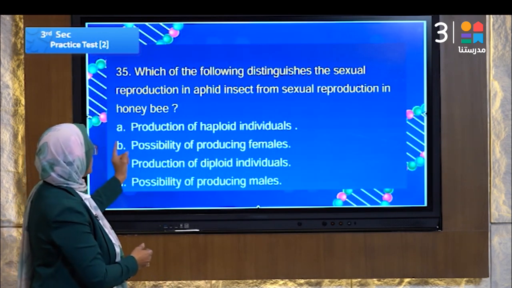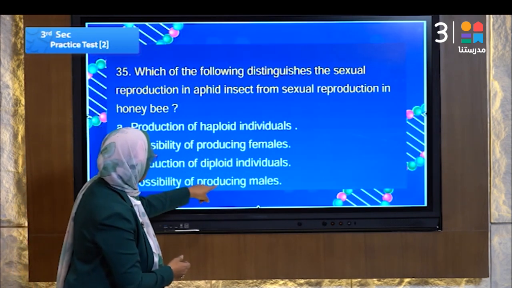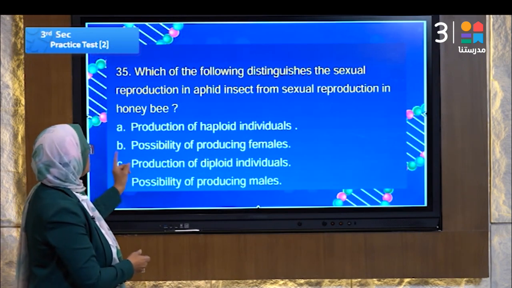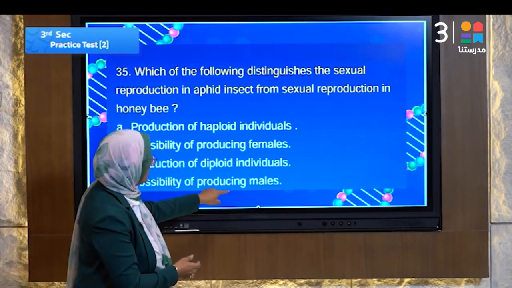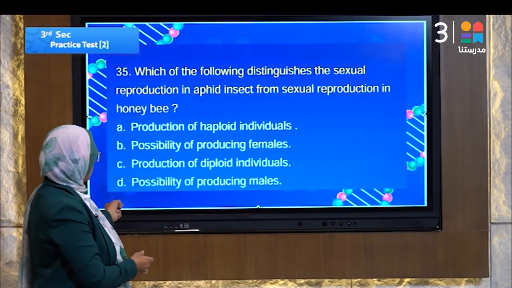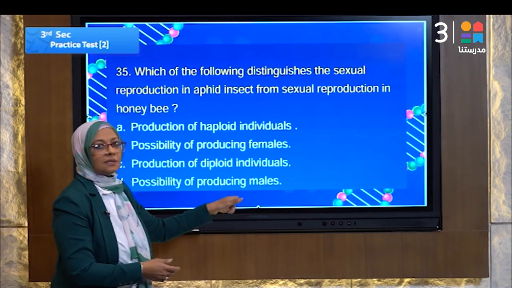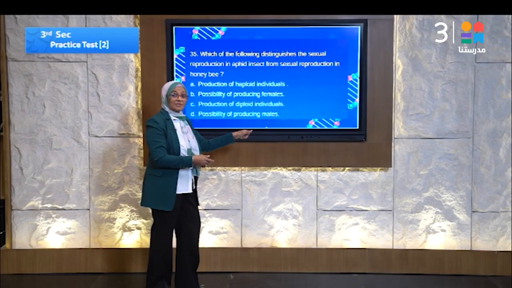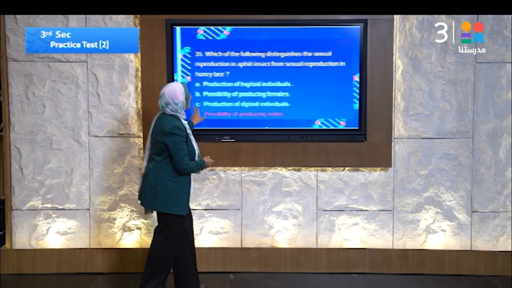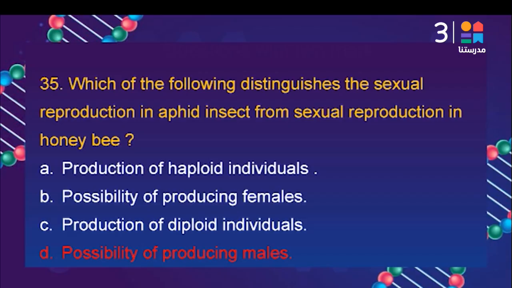B, possibility of producing females. C, production of diploid individuals. D, possibility of producing males. What is the answer? Let's go to the answer. The answer is possibility of producing males.